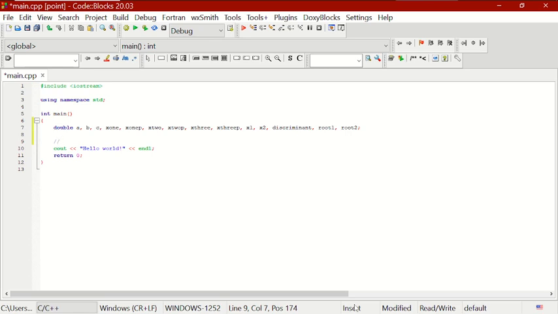At this point, we will take the coefficient of x from the user and the power. Now we can see, let's make this a straight line.